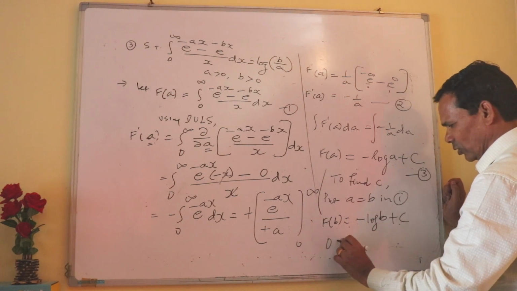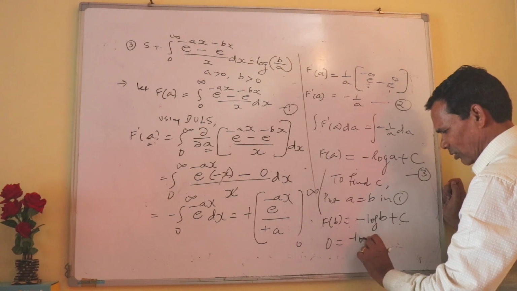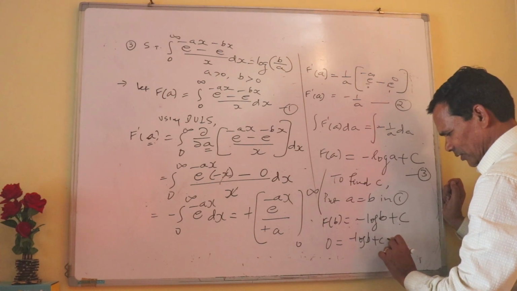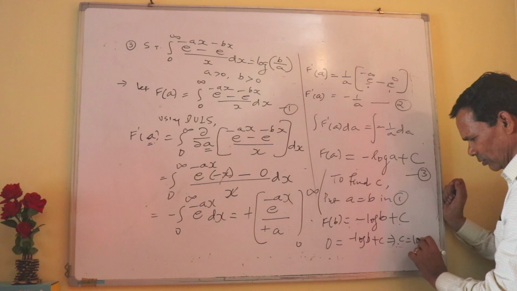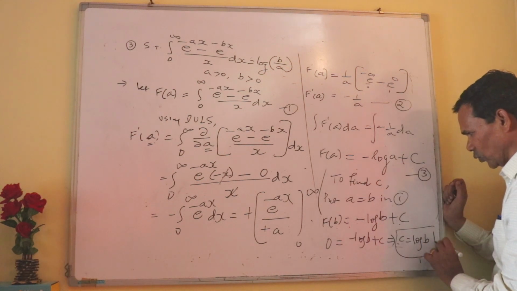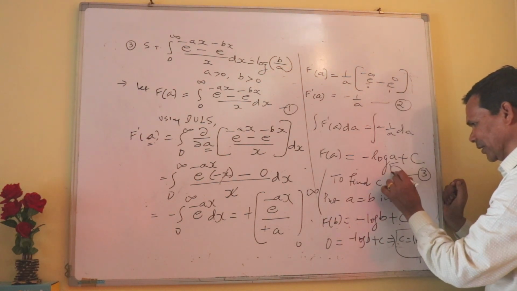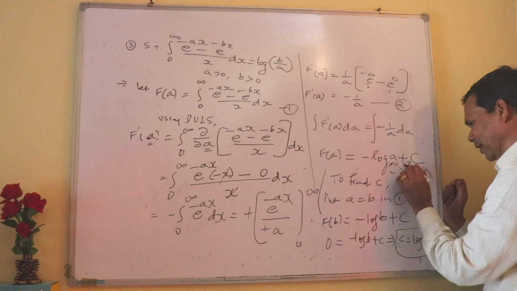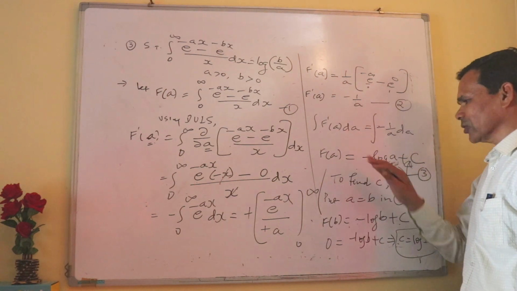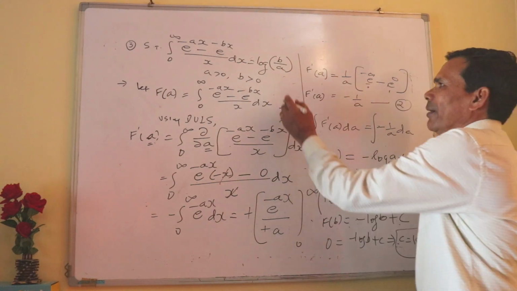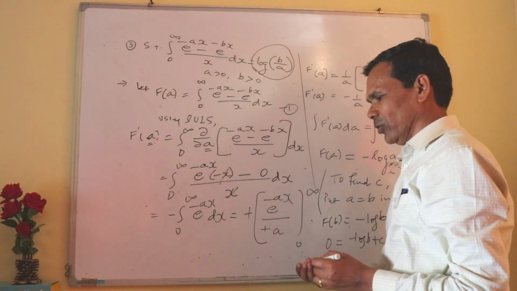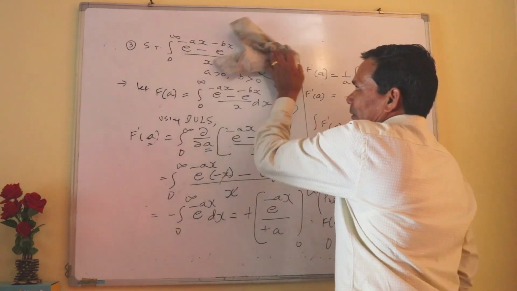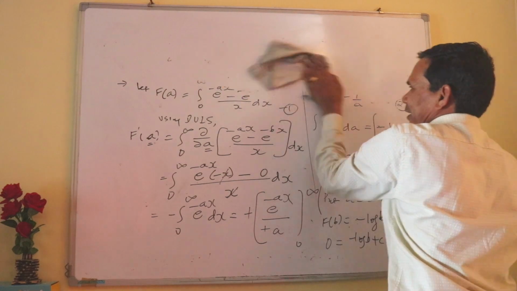So this is 0, equal to minus log b plus c. So what is the value of c? c is equal to log b. If you substitute this value over here, you are getting the final answer. Here you are getting log b minus log a, that is log b upon a, which is required. So this is problem number 3.